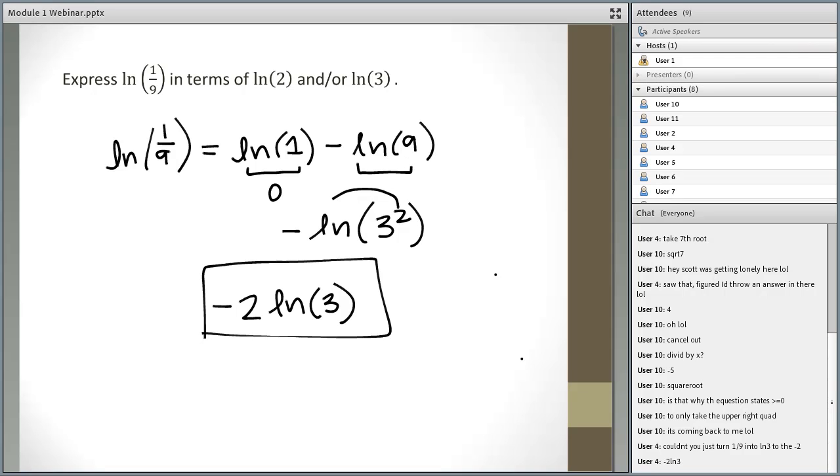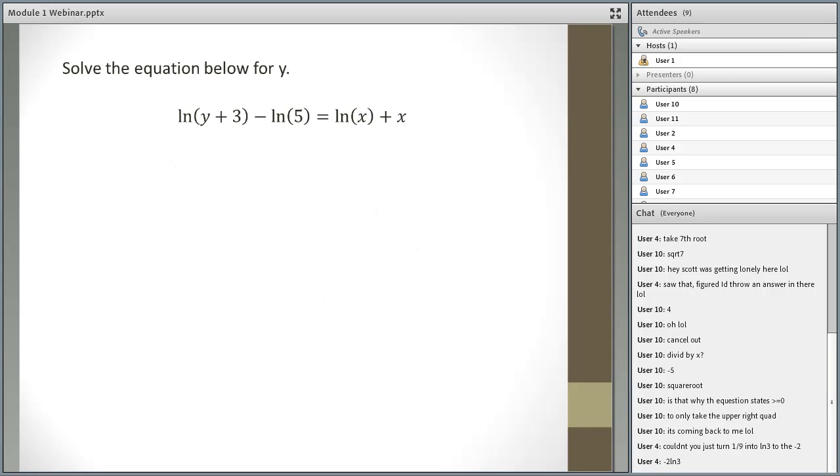All right. So using log rules, again, that was a pretty basic example so that we can use them to solve equations that look like this. So if we wanted to solve this equation for y, we have the natural log of y plus 3 minus the natural log of 5 equals the natural log of x plus x.